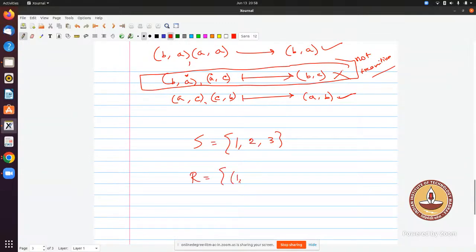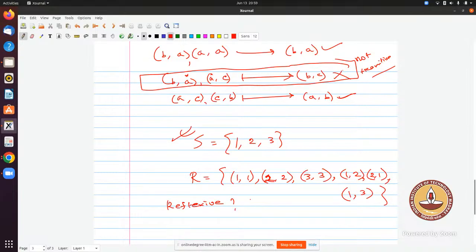So if we say this one: 1, 2, 2, 1, and 1, 3. If I take this relation over this set, first tell me, is it reflexive? Yes, sir, because 1 comma 1 is there and 2 comma 2 is there.